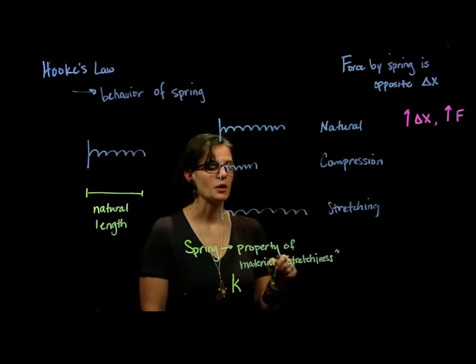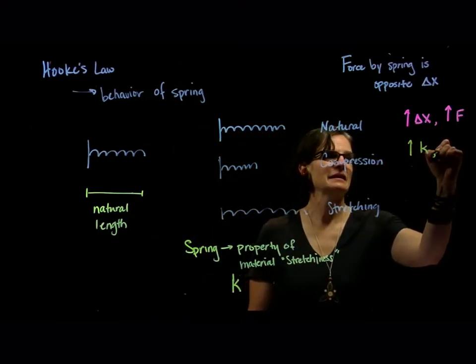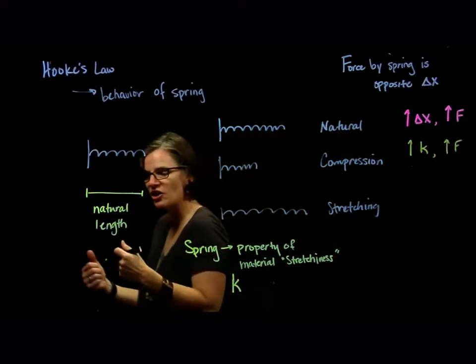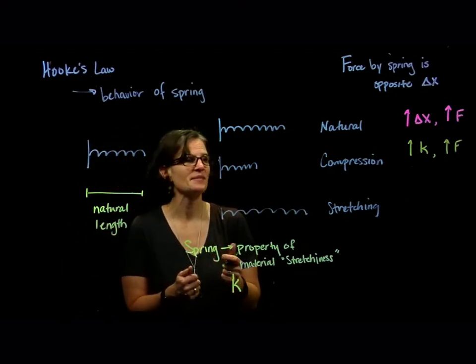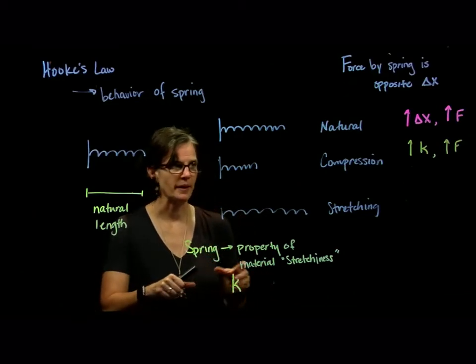All right, so if I increase K, I increase the amount of force. If I increase the stiffness, it's harder to stretch the spring or compress it. So these are the two things that are related to the force by a spring.